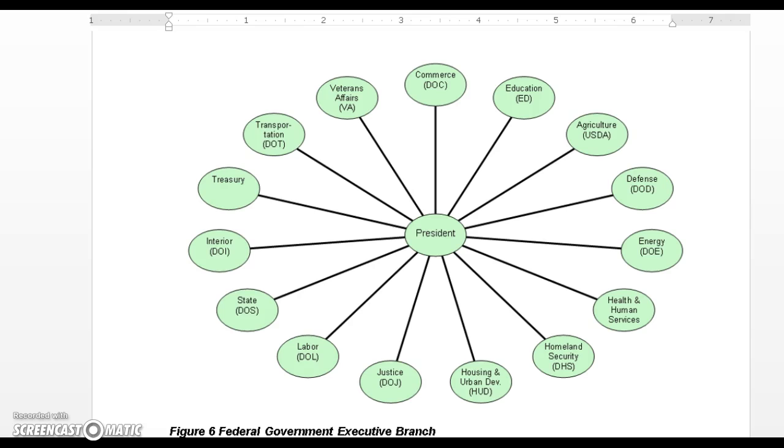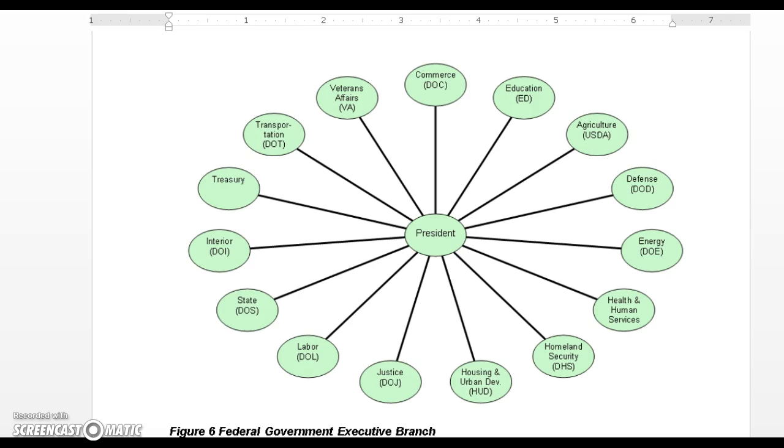So I hope this little video will help you understand how to code the federal government and make it a little bit more intuitive for you. Please study everything in this example and in the examples in your book, because if you don't, you're going to be so confused because there are so many different departments, divisions, etc., and so forth in the United States government.